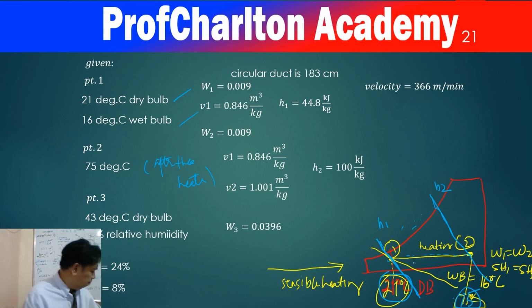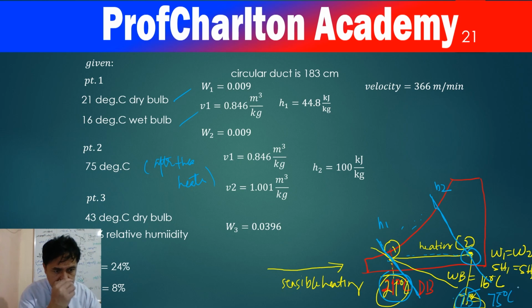It is lower than the end of the heater. The end of the heater is 75 degrees dry bulb.